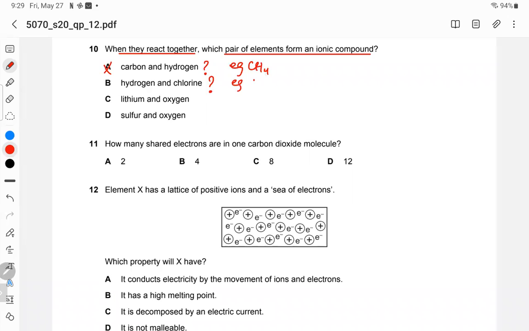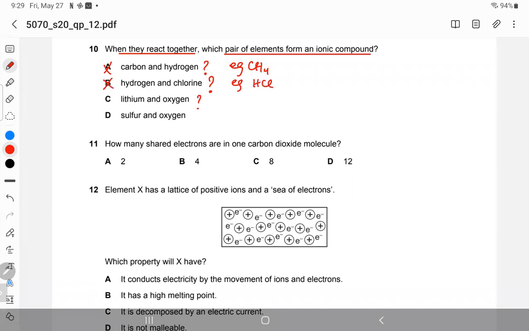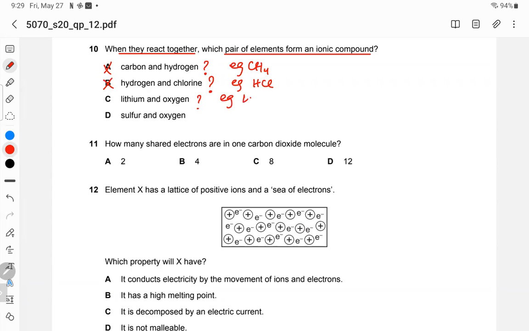Here the example is hydrogen chloride. No. What about lithium and oxygen? It's lithium oxide, and here we have sulfur dioxide. So here, sulfur dioxide is not an ionic one, it is a covalent one as well. So the correct answer is C. जी, ये clear है सबको? Ji, sir.